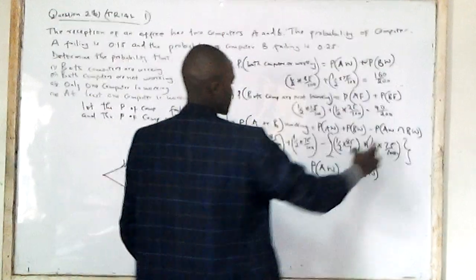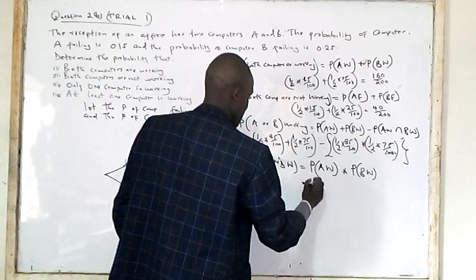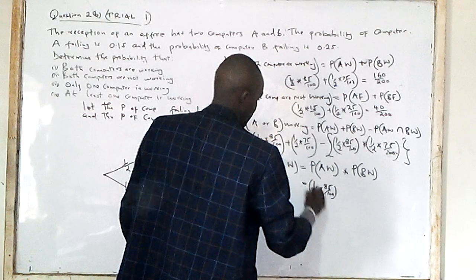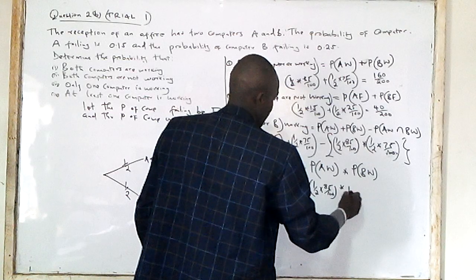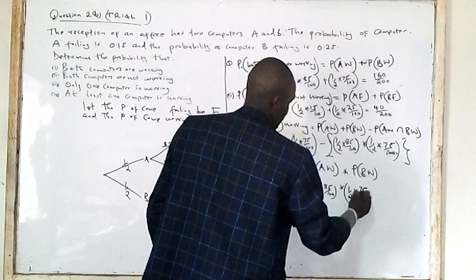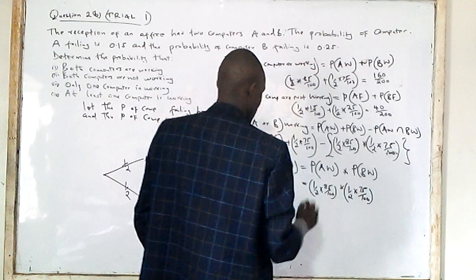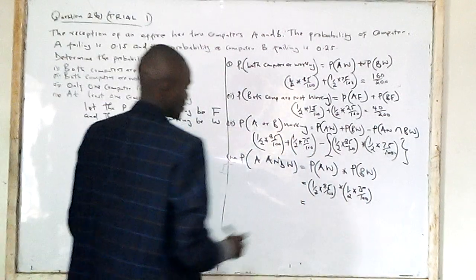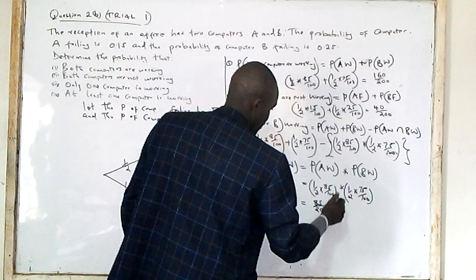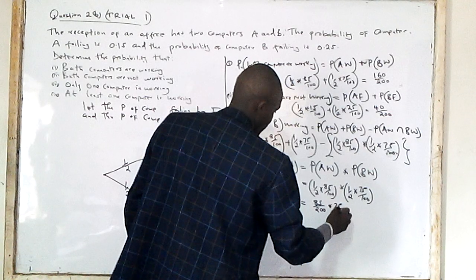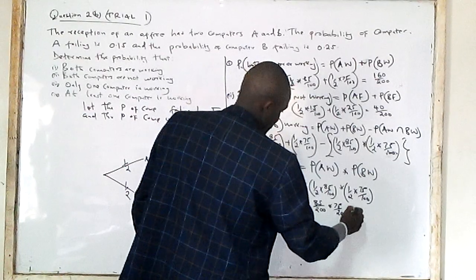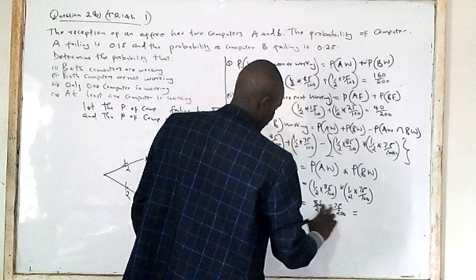So you get your answer as a half times 85 over 100 times a half times 75 over 100. So you do your calculation, you get 85 over 200 times 75 over 100.